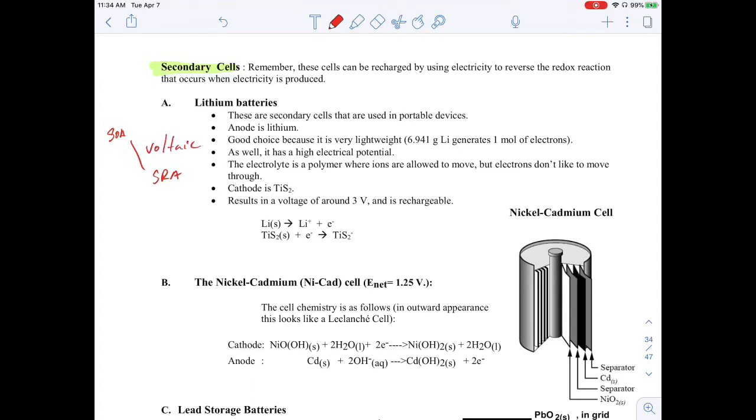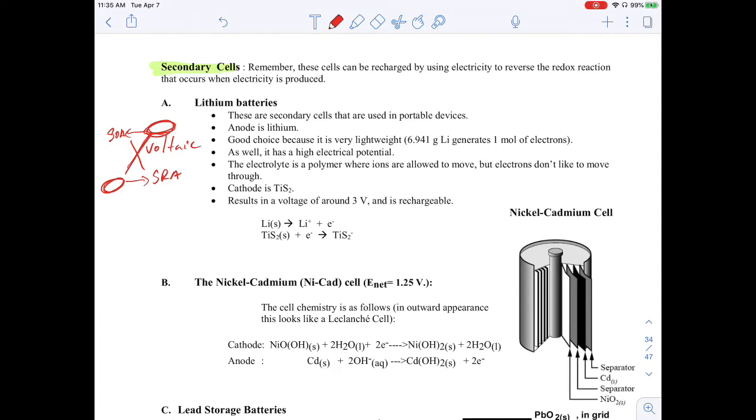But then they need to take the chemicals here and recharge them to make them back. We need to do the recharge. So the recharge is going to produce that and produce that. And this part of the reaction, when you've got those two chemicals being recharged, is when it's an electrolytic cell.